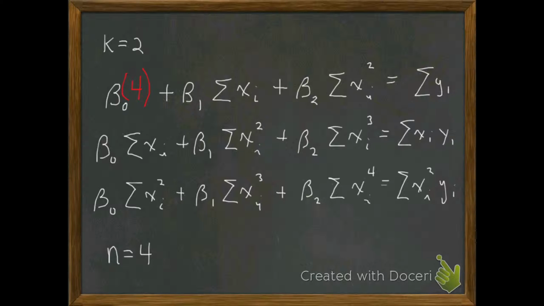The next thing we could have looked at is the sum of the x sub i's. Well, that's a really easy one. So the sum of the x sub i's would be 6.